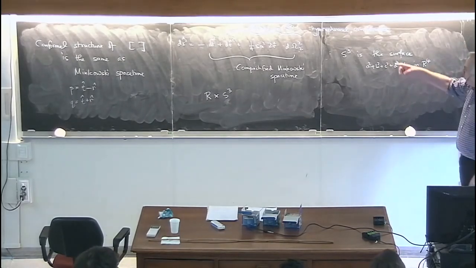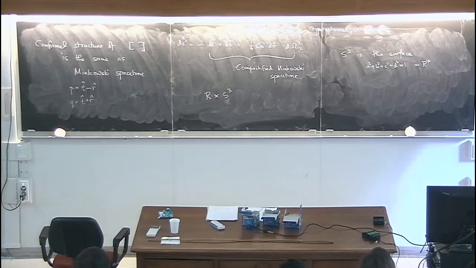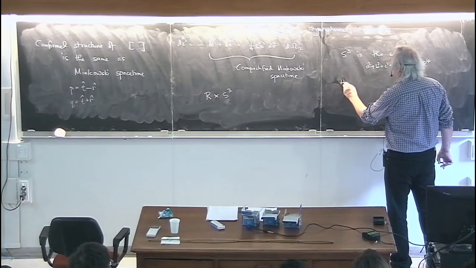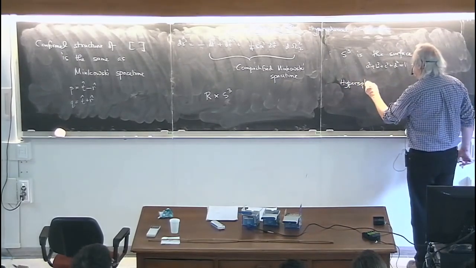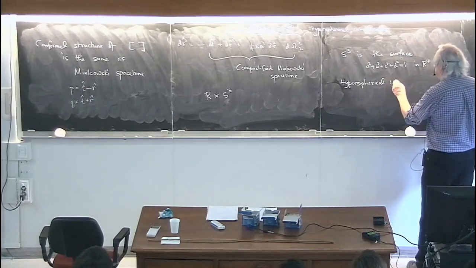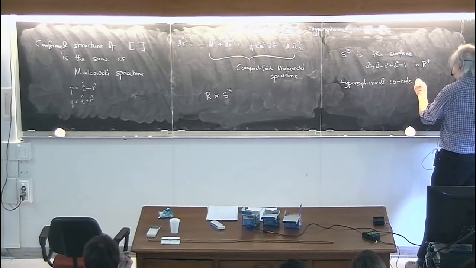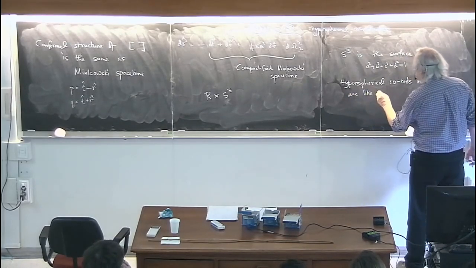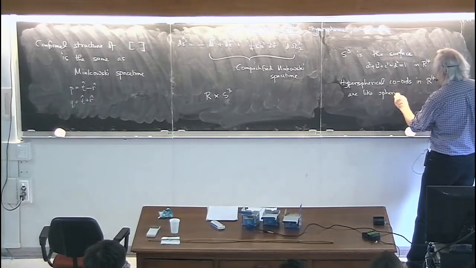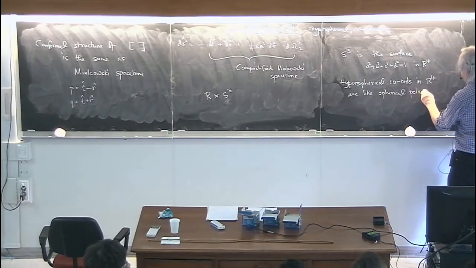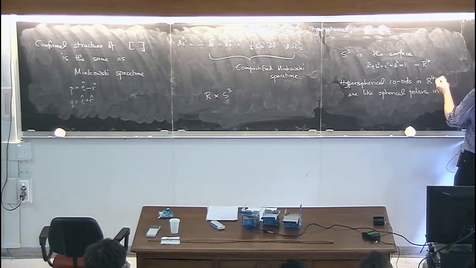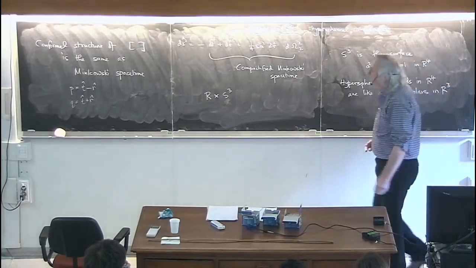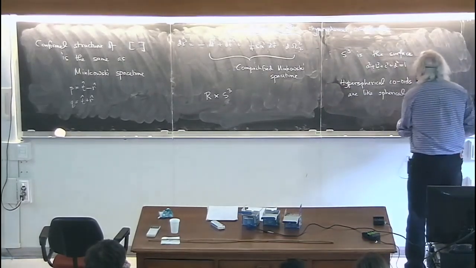Hyperspherical coordinates are basically the same as polar coordinates for the sphere, and so what you need to do is to introduce a set of angles, and this set of angles is related to A, B, C and D in the following way.